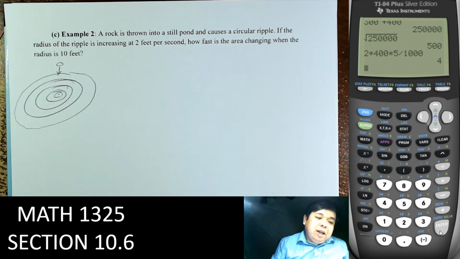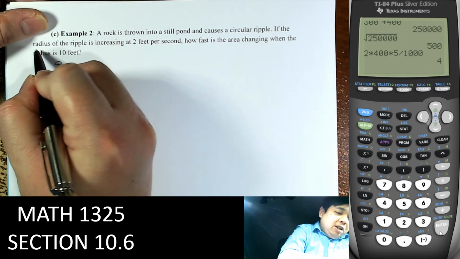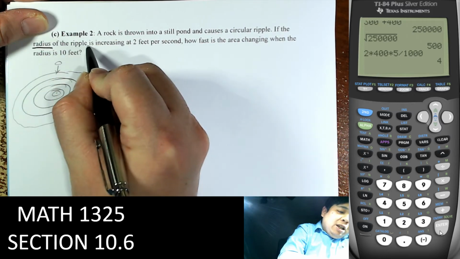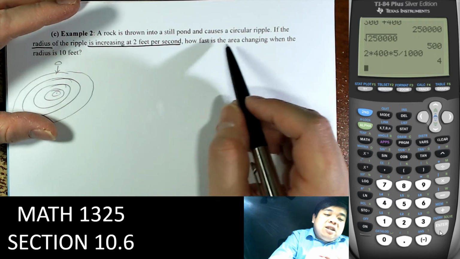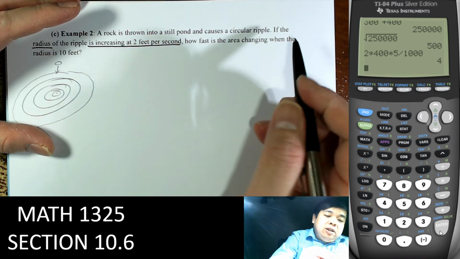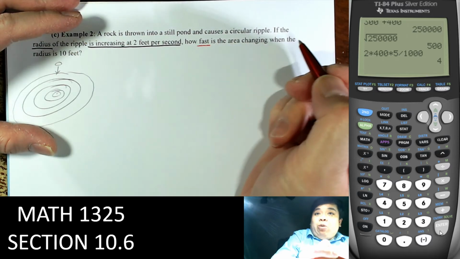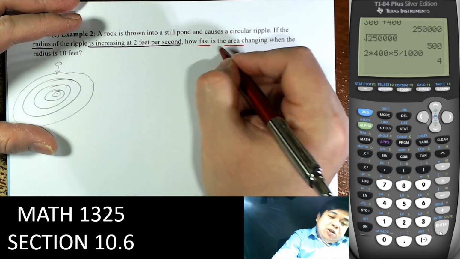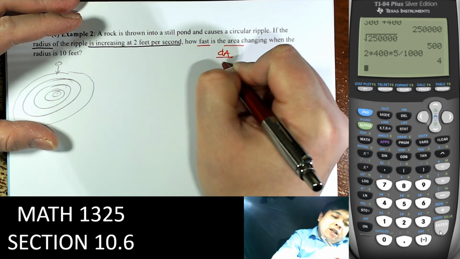Right. If the radius of the ripple is increasing, so we just underline what we have. So the radius is increasing at 2 feet per second, right? How fast is the area changing? How fast, that's a rate of the area. So if we say the area is A, so we're going to have the dA over dt.